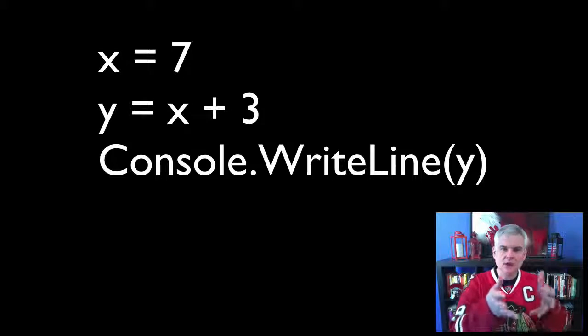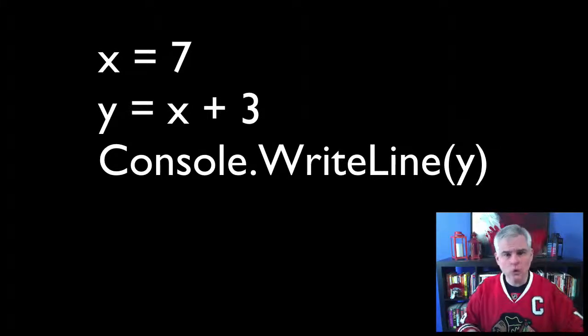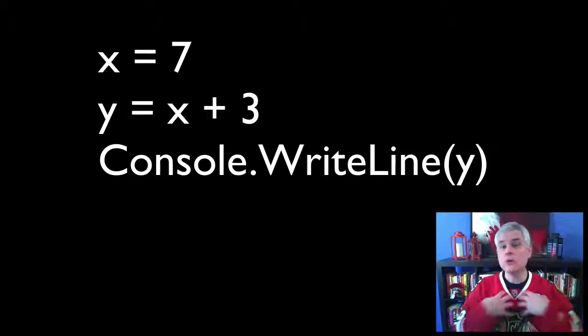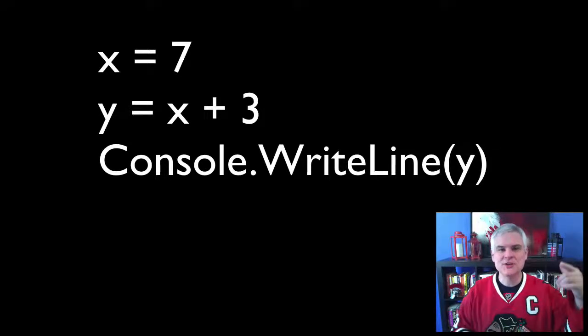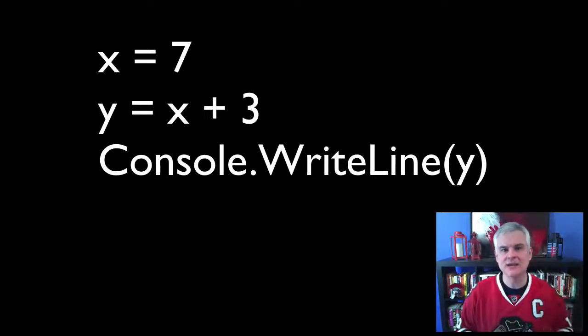So in the case of our little code snippet here, we would expect both x and y to hold numeric values. Now we know that, but we have to use the Visual Basic language to express this to the compiler in the .NET Framework runtime.